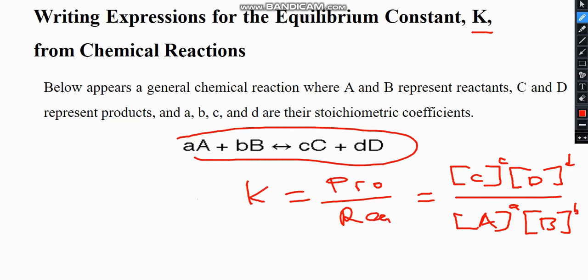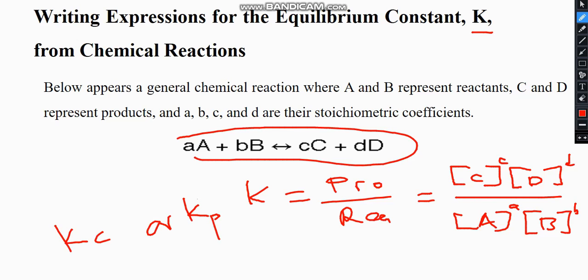Now, this K can either be Kc or Kp. How do we differentiate the two? When what you have been given is concentration, the K value becomes Kc.